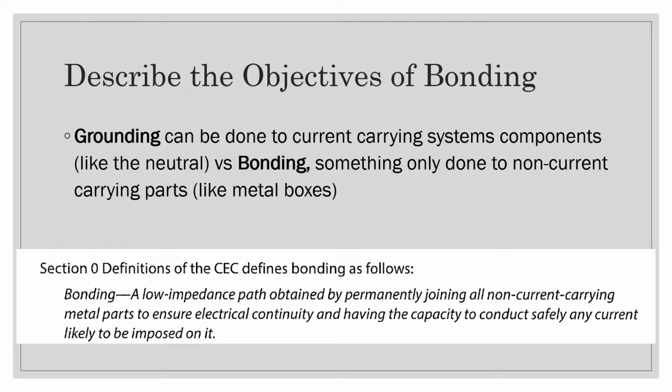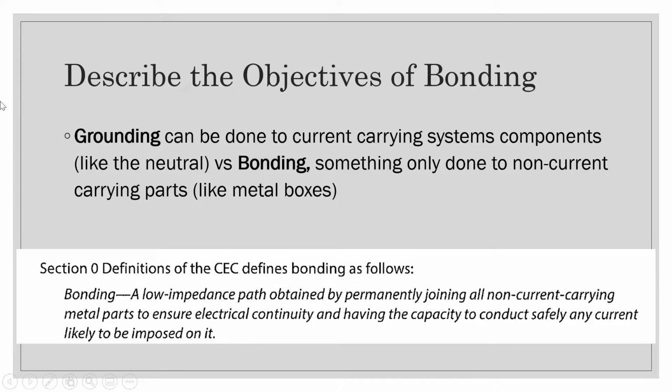This is versus bonding, which is something only done to non-current carrying parts, like our metal boxes or EMT, anything comprised of metal that is related to electrical. So the metal tabs of our receptacles all have to be bonded together, which is going to give them the same equal potential plane.